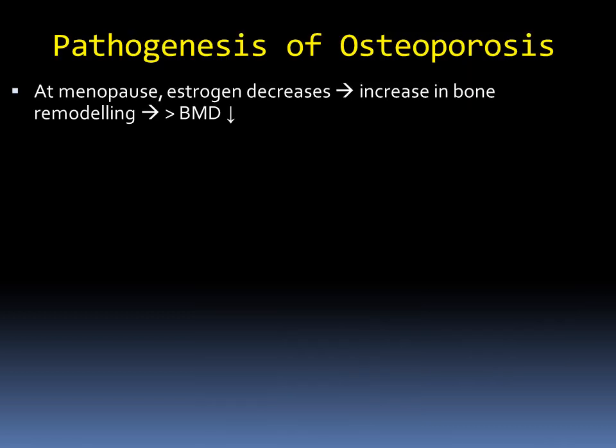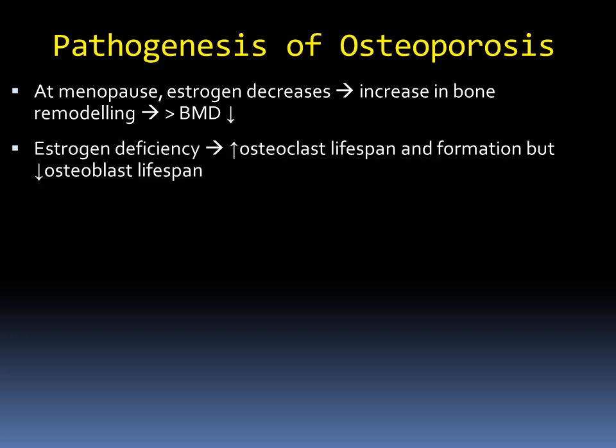Okay, so at menopause, what happens is that estrogen decreases. All right, so we have an increase in bone remodeling, and therefore we have a greater decrease in bone mineral density. Estrogen deficiency will then contribute to an increase in osteoclast lifespan and formation, but a decrease in osteoblast lifespan.